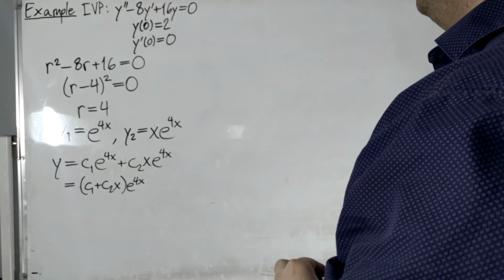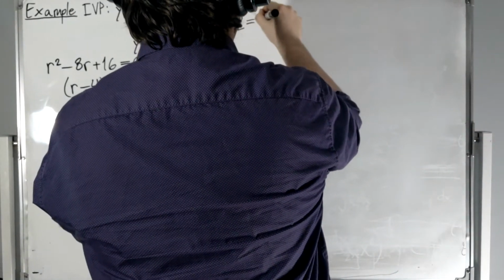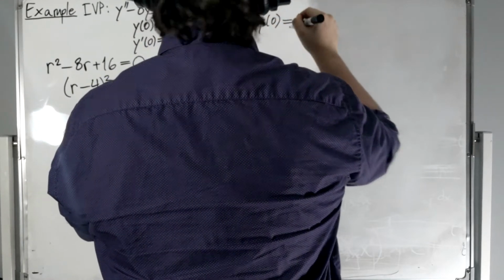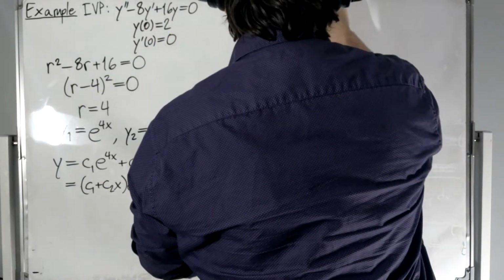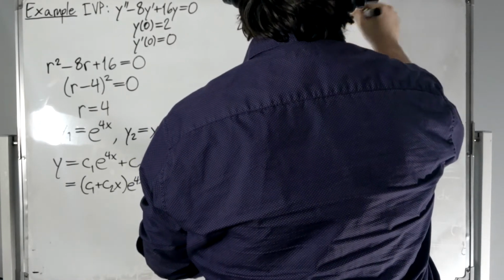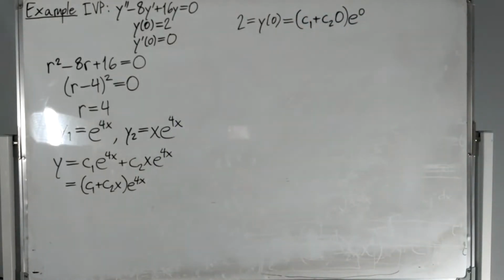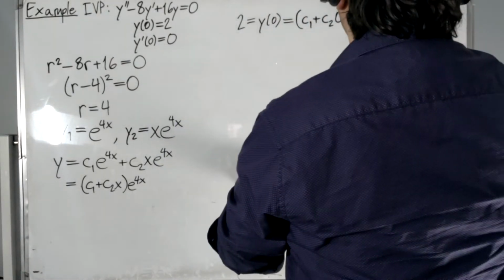Let's see, y(0) is supposed to be 2, so 2 equals y(0). That's going to be c1 plus c2 times 0 times e to the 0, which is just c1.